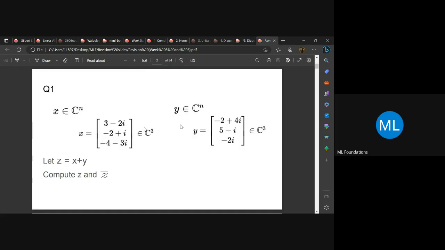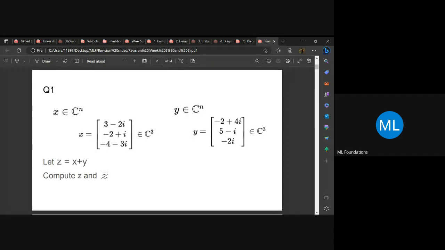You have two vectors in the complex plane, and you have to find what is x plus y. If I take x plus y to be z, then what is z bar? Do we need to solve it? Yes, you need to solve it.